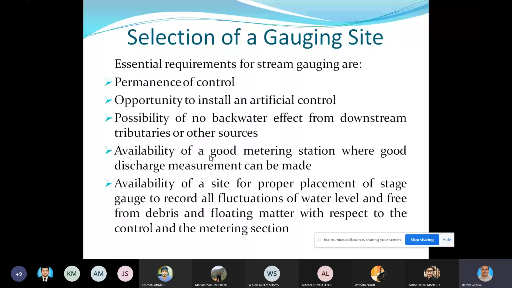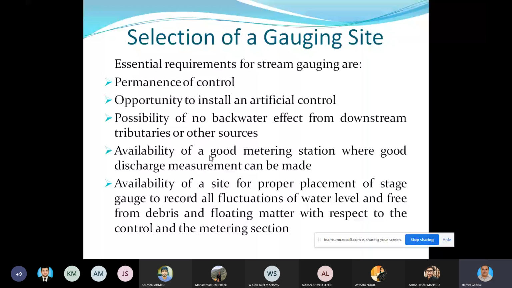Then the third essential requirement is that there should be no possibility of backwater effect from downstream tributaries or other sources. So we should not have a gauging site where there is a joining of two tributaries.